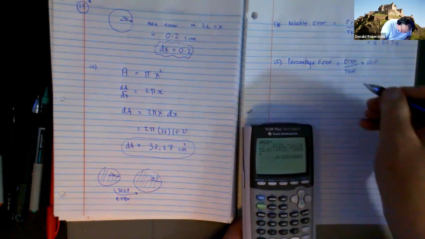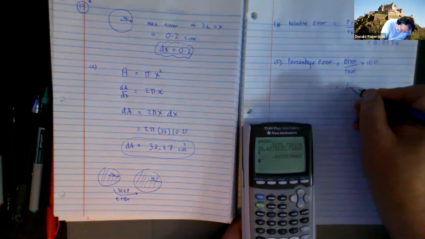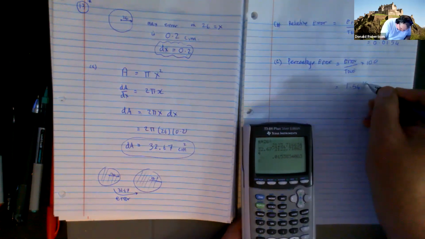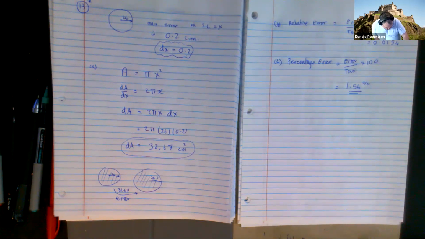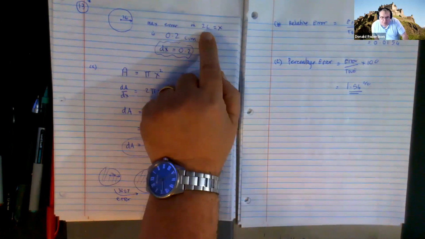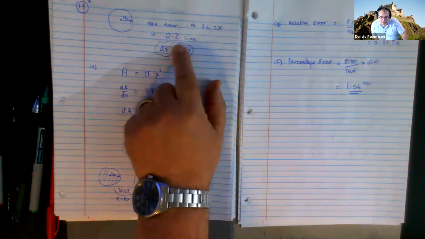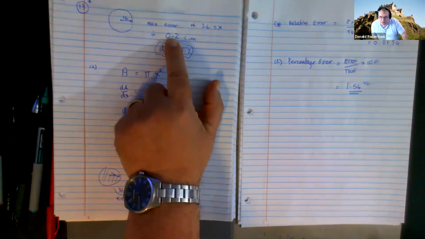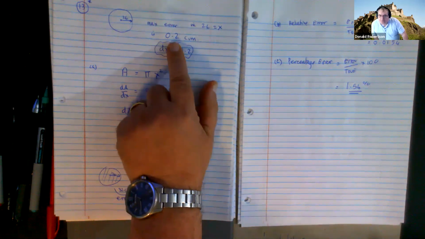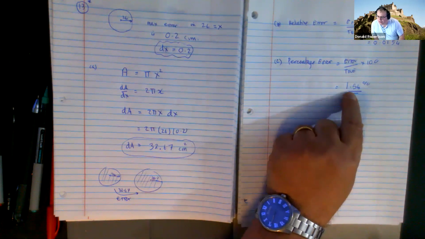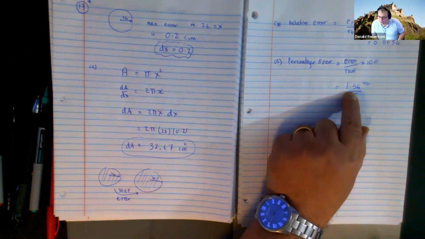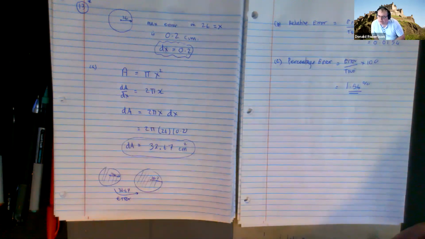Now, what's the percentage error? 1.54%. So if you know the circle has a radius of 26, but it could be give or take 0.2 centimeters, the error you're going to get is, at worst, about 1.5% over or under the true value.